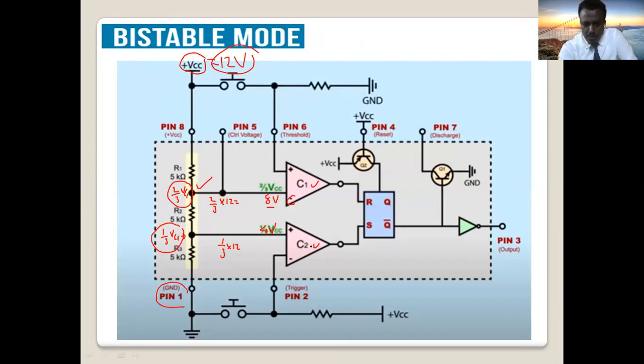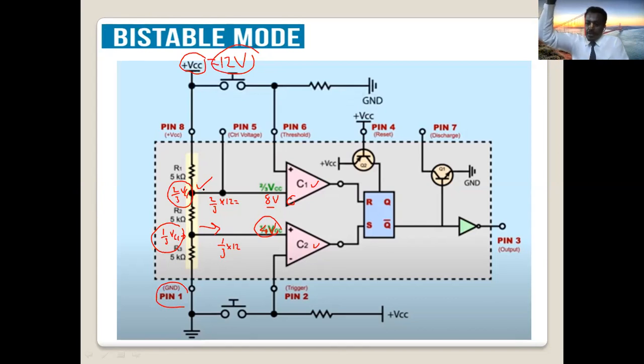When you see comparator C2, 4 volts is fixed, which comes from the 12 volt power supply divided into 3 by these resistors. Where are these 3 resistors? Internal to the timer, there are 3 resistors in series.